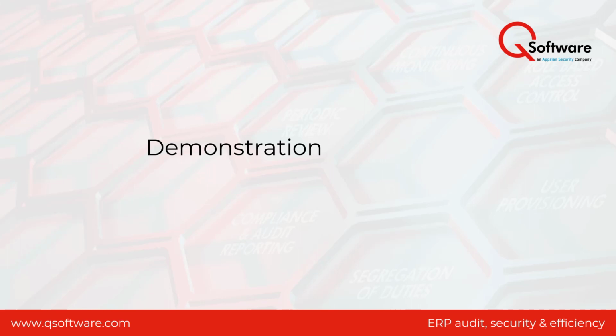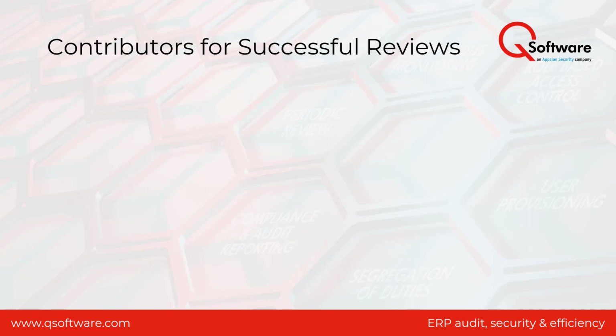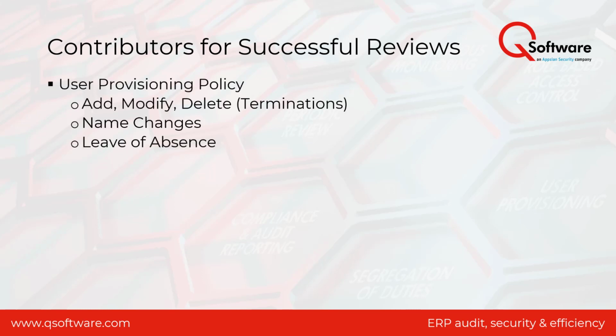So coming towards the end anyway, but I just wanted to cover a couple of issues. The user access review is linked to other issues, other general controls, and this is something you've got to be aware of as you automate this. What is next down the line?